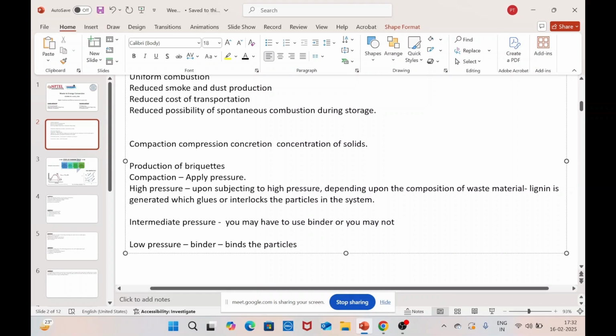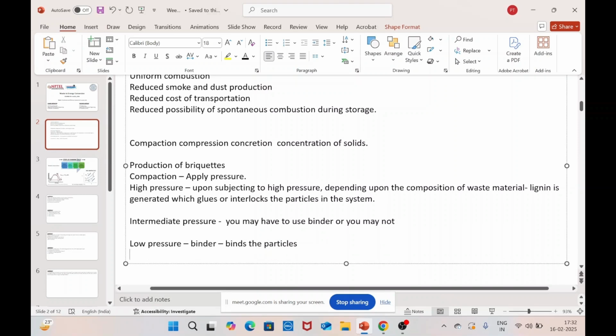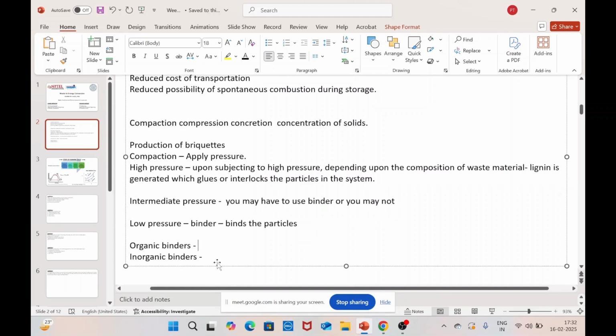These binders are again of two different types, based on their composition. One is organic binders and the other is inorganic binders. Any examples for organic binders and inorganic binders? Just one or two in each. Starch, resin, okay. You can even use molasses also.